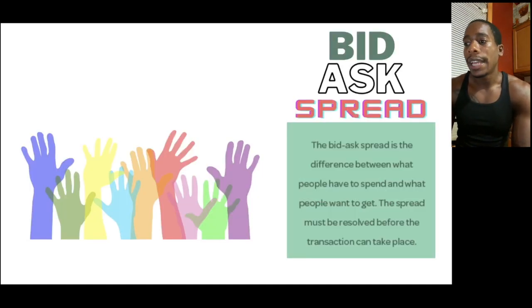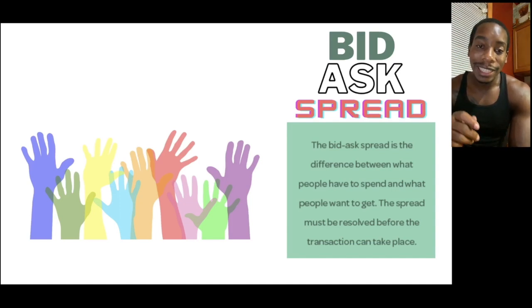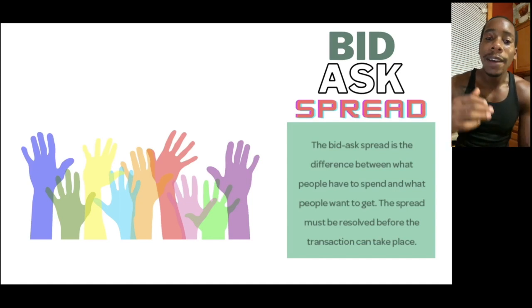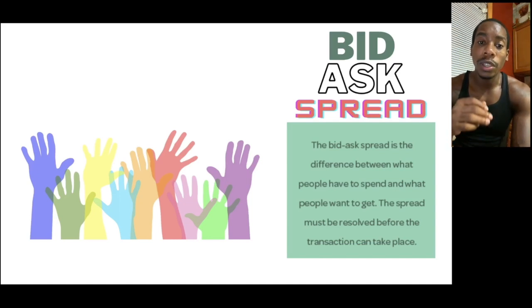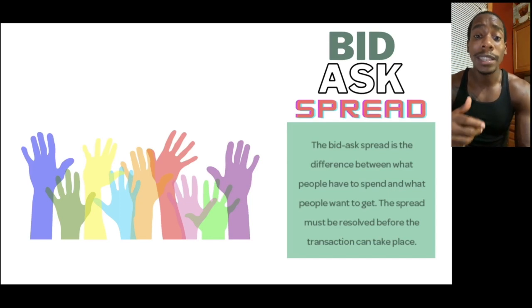Bid-ask spread. Now, a bid-ask spread is the difference between what people have to spend and what people want to get. The spread must be resolved before the transaction can take place. So we would dive even deeper into a bid-ask spread once we get going with options trading. That would be for a later episode where I'll be able to tell you that the bid are for buyers and the asks are for sellers. And when they come together, the buyers have a price that they want to buy the share at versus the sellers have their price that they want to sell it at.